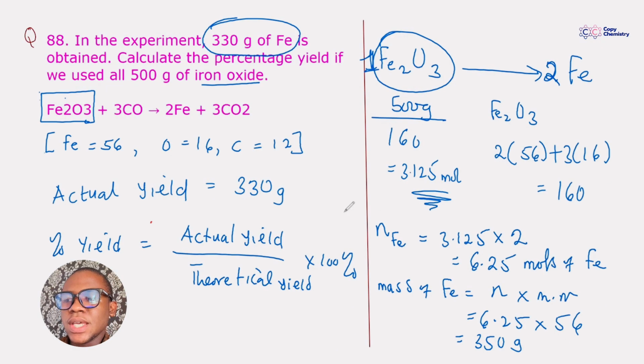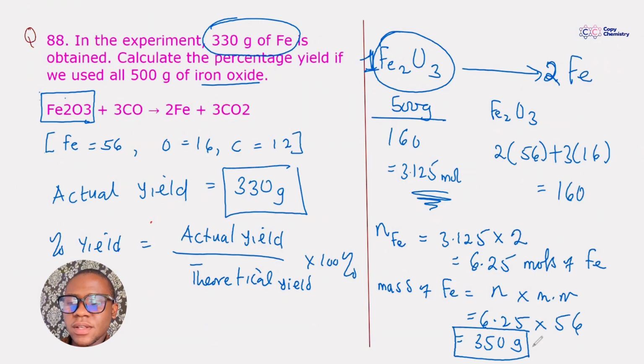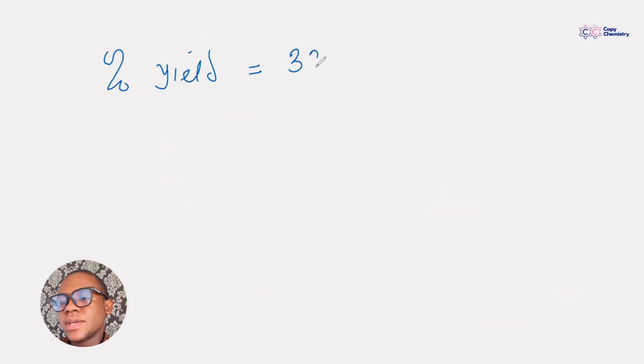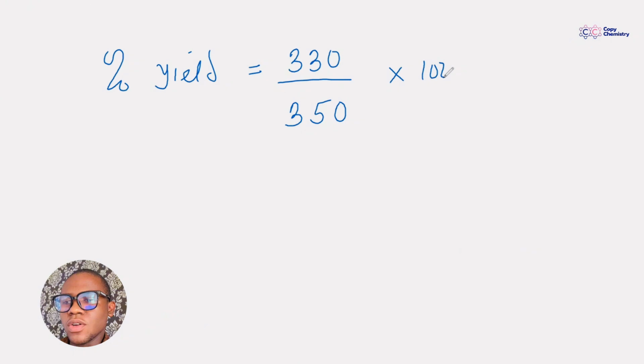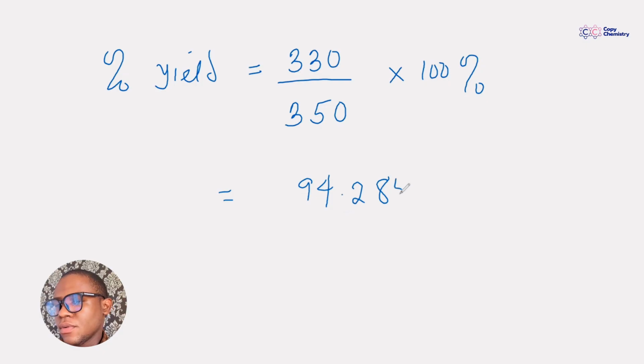What's our actual yield again? 330 divided by the theoretical yield, right? Which is 350. So that's 330 divided by 350, and then you multiply it by 100%. So if you do that, you would have 94.285%, and that is our answer.